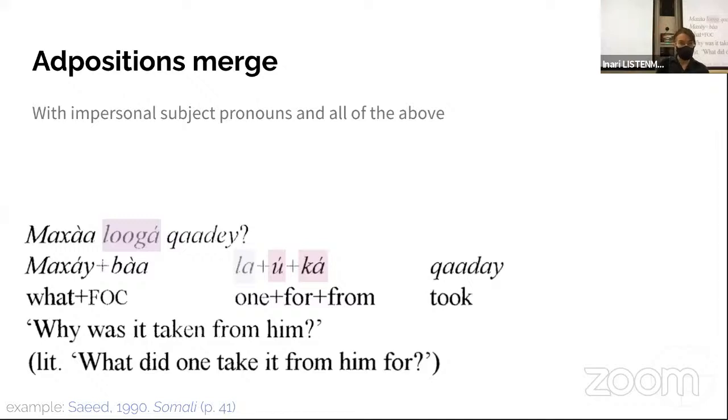It's not marked. So this literally means "what for one took it from." In the translation there is a "him," but there is nothing in the original that says it's a him. It could be her, it, them, whatever. They also merge with the reflexive pronoun, but I think we've seen enough.